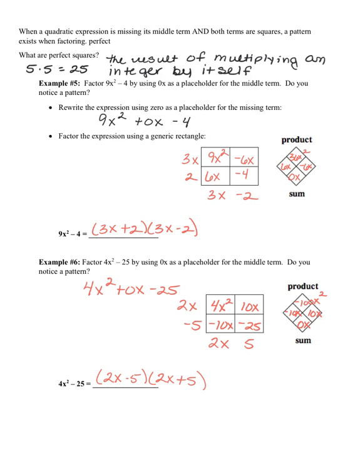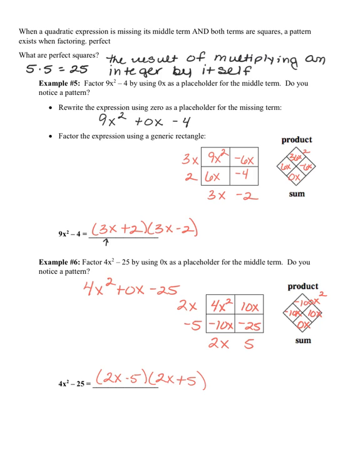Hopefully, after you went through this, you started to notice a pattern. What I'd like you to take a look at is what we started with, 9x squared minus 4, and where we ended up.